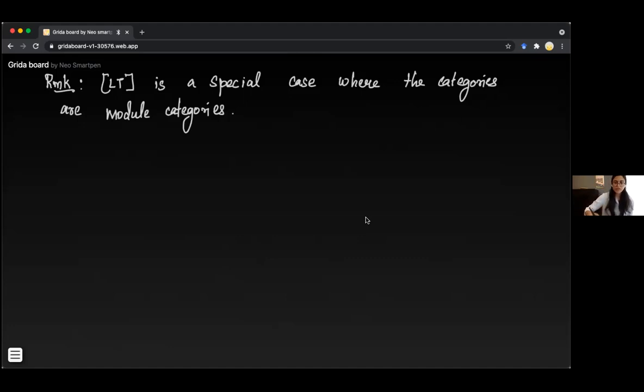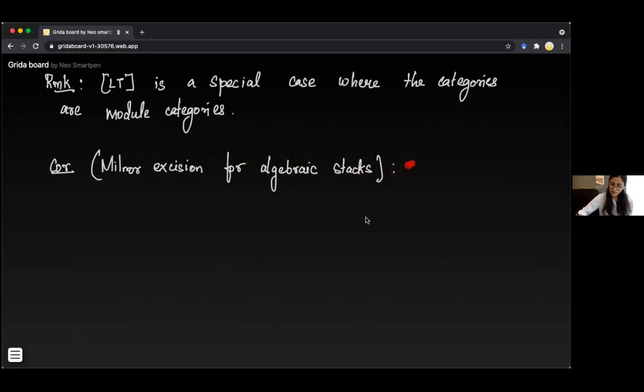So now we want to use this to prove Milner excision for algebraic stacks. So the corollary is Milner excision for stacks. Let delta be a square of Noetherian ANS stacks.